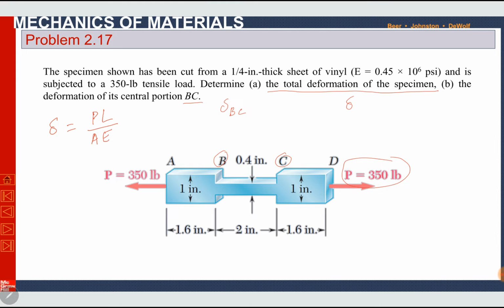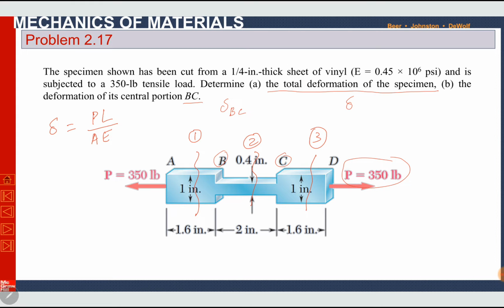So we have to section the specimen there and find the reaction force. Load is constant from A to B, but area is different between A and B, B and C, and C and D. So if I call it section number 1, section number 2, and section number 3, we have to find a reaction force in each section, which is the same in sections 1, 2, and 3.